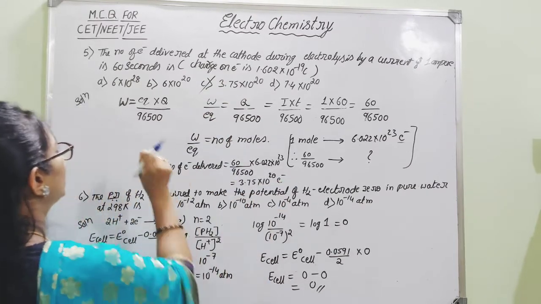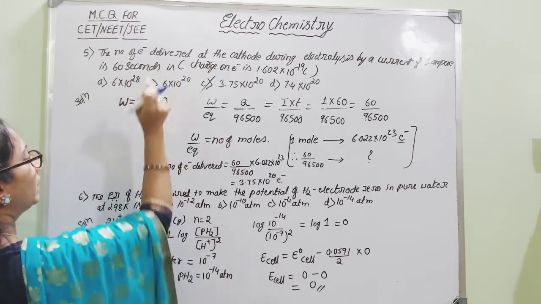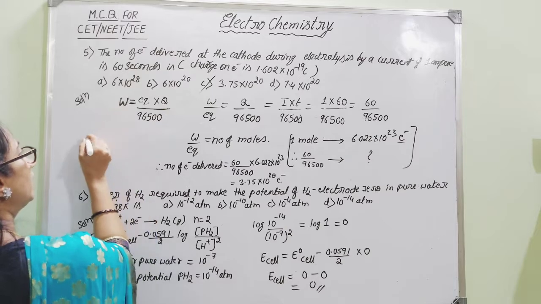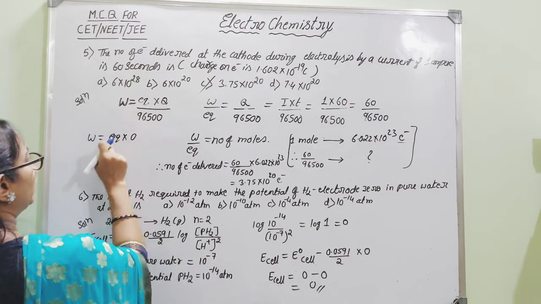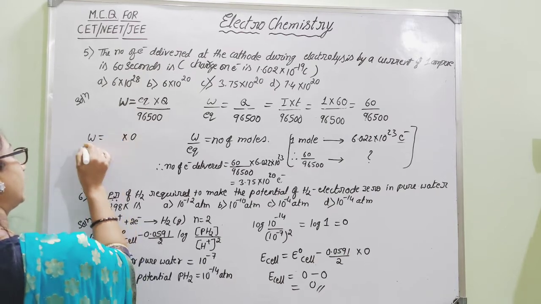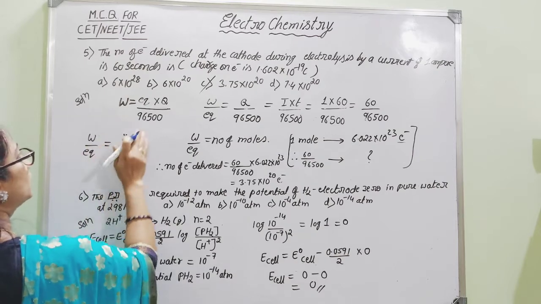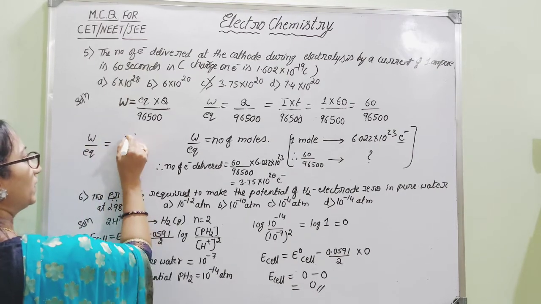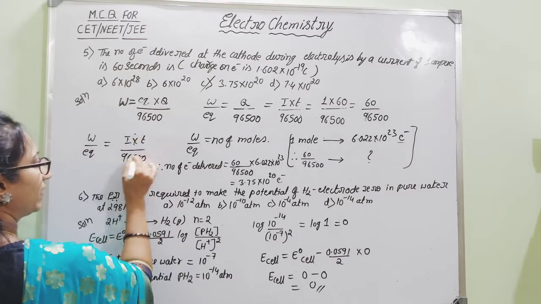Got it? So first you have to remember this formula. Otherwise, to directly substitute the formula and find the number of electrons, W is equal to equivalent weight, so we can write W by equivalent weight. That is the number of moles we are equating. So it is written as Q, that is I into T, divided by 96,500 as it is.